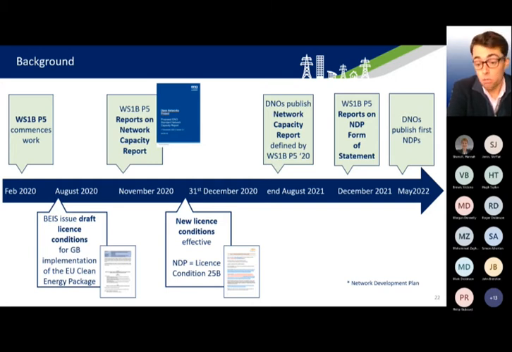In the interim, because we'd already done the work, we would publish our capacity report, which is now called the Headroom report, in August 2021. That would allow us to take feedback from stakeholders on what they liked and didn't like, and that would help form our implementation of the Network Development Plan, which has a publishing date in May 22.